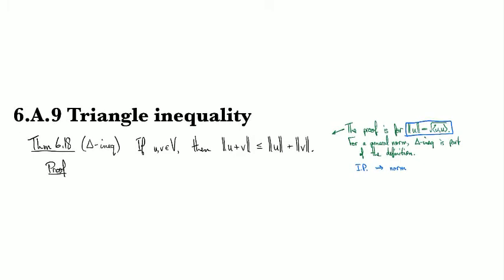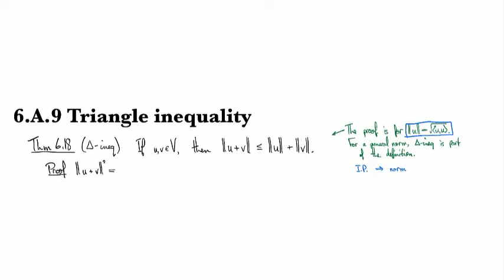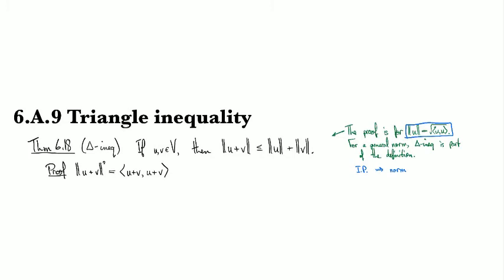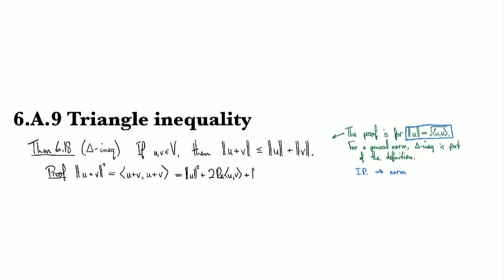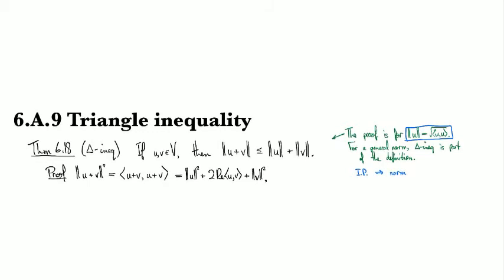So let's see. If we do magnitude u plus v squared, then once again, doing what we do, this is going to be the inner product of u plus v with itself, which, as we saw before, is magnitude u squared plus 2 real part of inner product uv plus magnitude v squared.